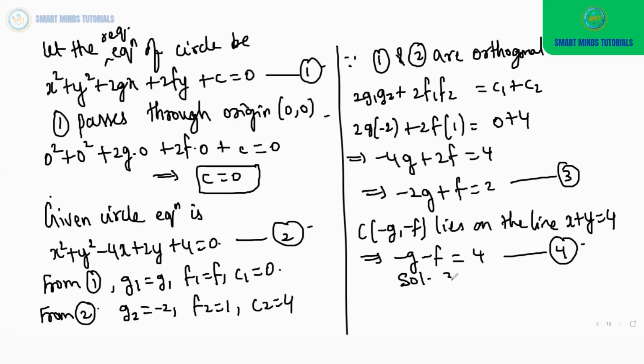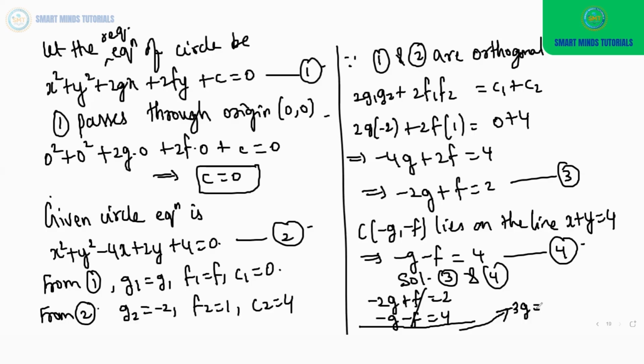Solving 3 and 4. In 3 and 4, both you have f. We don't have to multiply with any number. Directly we can do. Minus 2g plus f is equal to 2. Minus g minus f is equal to 4. f minus f cancel. Here I am writing minus 3g is equal to 6. g is minus 2.